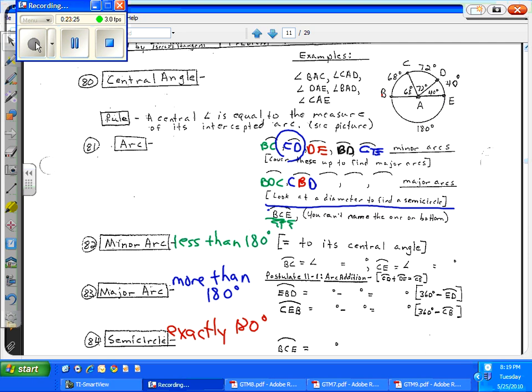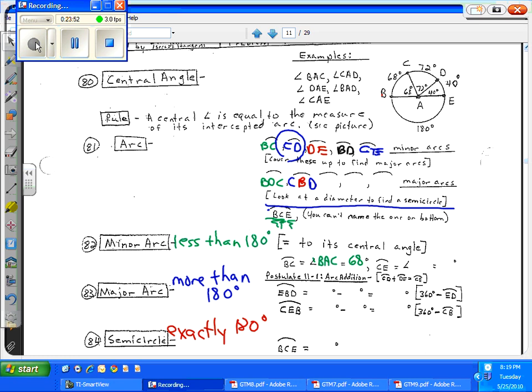Arc BC is equal to angle BAC, which is equal to 68 degrees. A central angle is equal to the measure of its intercepted arc.